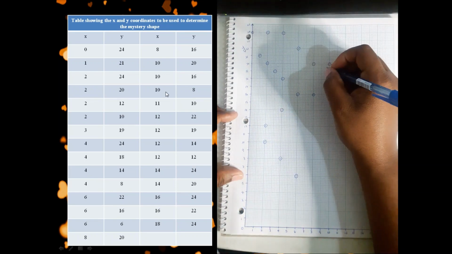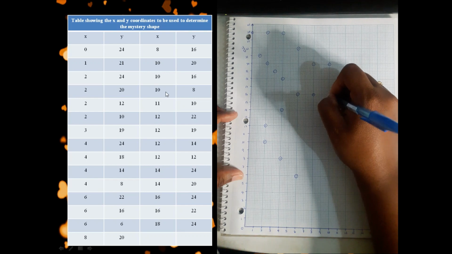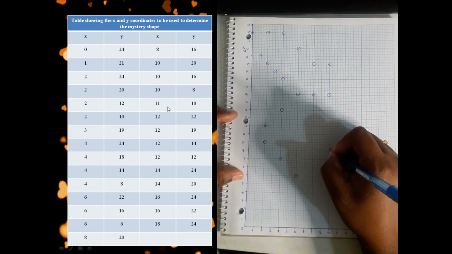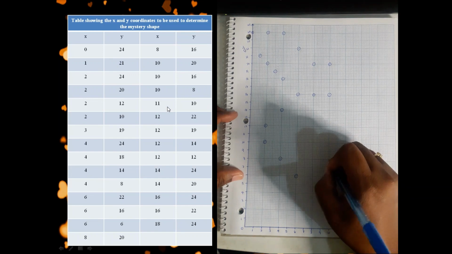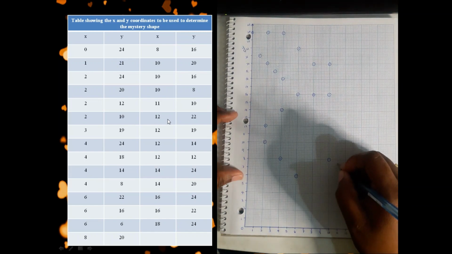Next point, 10 to 16. Next point, 10 to 8. Next point, 11 to 10.